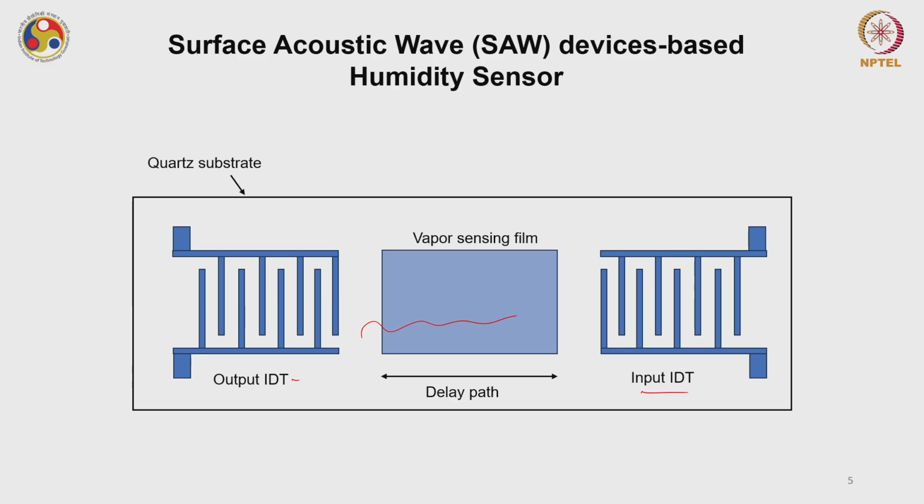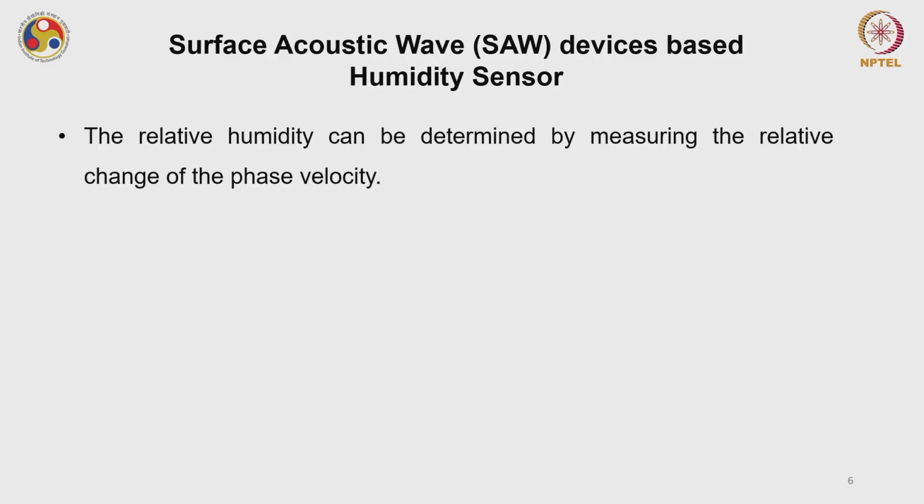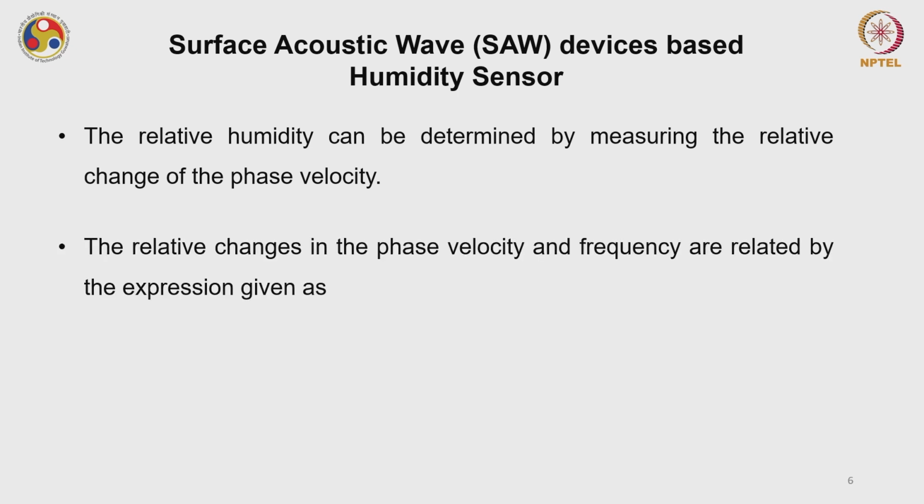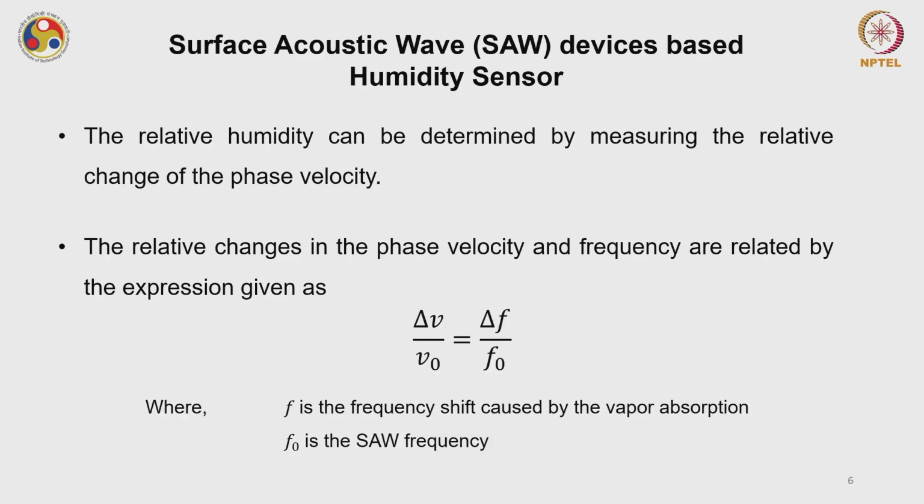The vapor sensing film provides the delay path. The relative humidity can be determined by measuring the relative change of the phase velocity of the sound wave. The relative change in phase velocity and frequency are related by the expression delta V by V naught equals delta F by F naught, where F naught is the SAW frequency and delta F is the frequency shift caused by the vapor absorption.